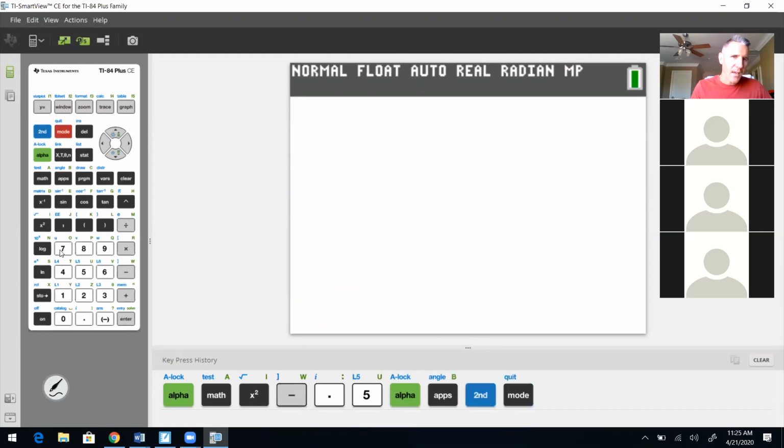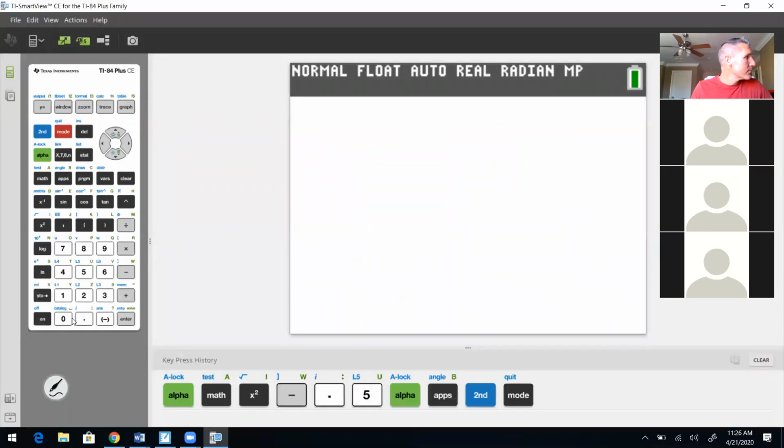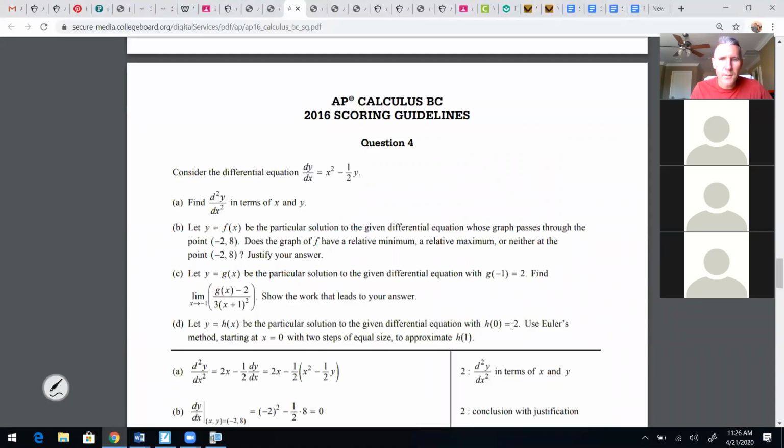Now, I'm going to set a equal to my initial x value. That's 0. And b as my initial y value. My initial y value that they gave me was 2.